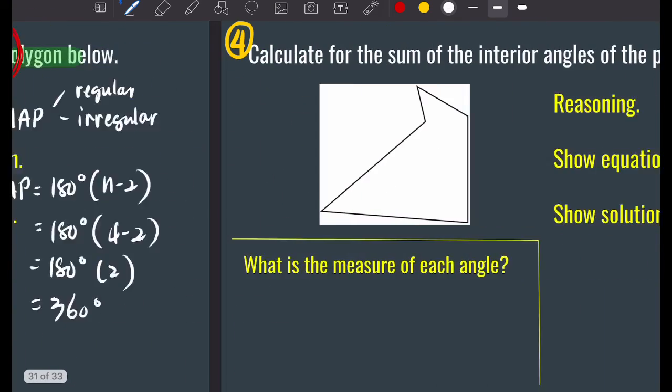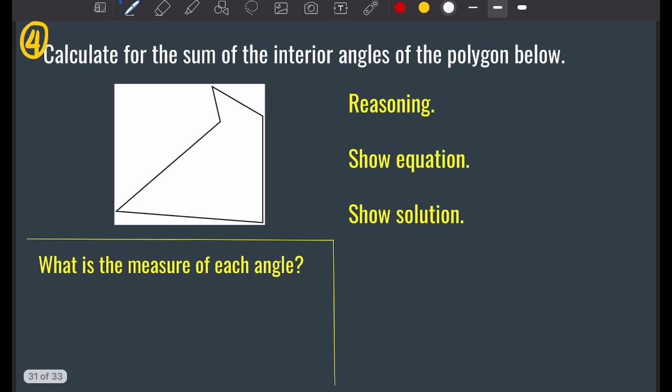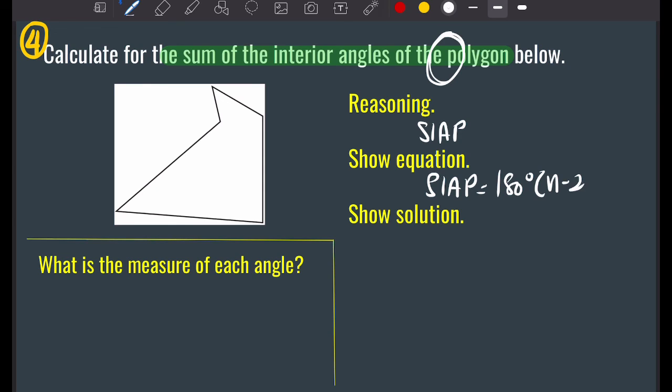Let's do question 4. Again, look at this. That's why I told you to really read the question carefully. Once again, there's nothing that says that this is a regular polygon. Can we use SIAP? Yes, because it's for both regular and irregular polygons. So SIAP equals 180 degrees (n minus 2).